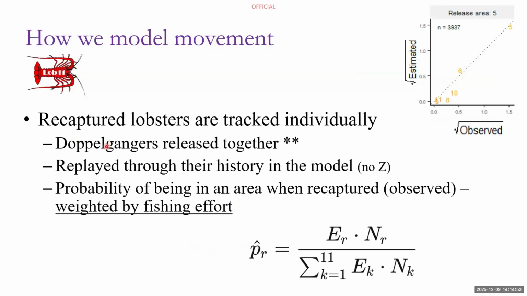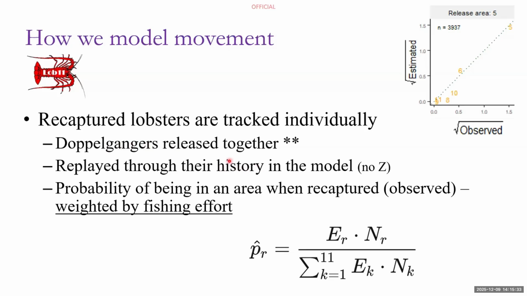For example, all the lobsters of the same sex and same size released in the same area in the same month are pulled together, and their life history throughout the model is replayed collectively, so that we can run through each animal each time, and then just at the point that each animal in that group is recaptured, we can look at the probability of where it is within the model, and use that in the likelihood.